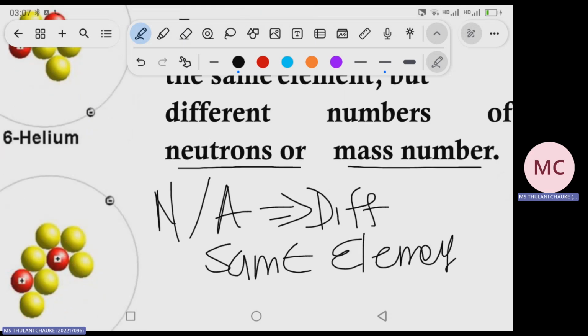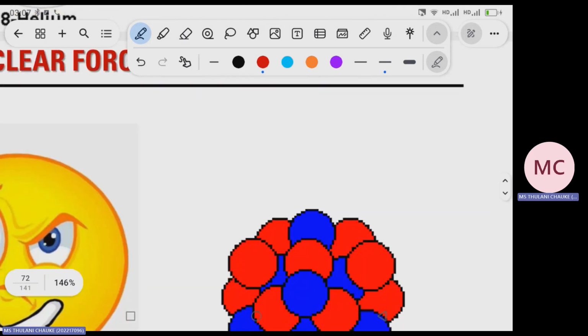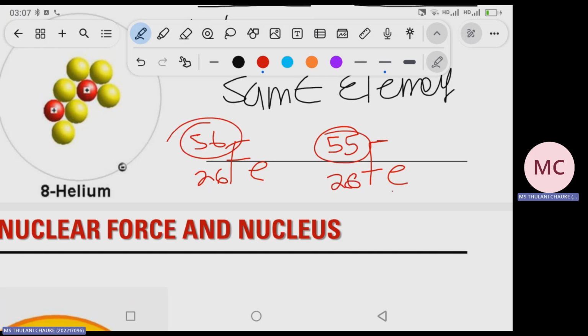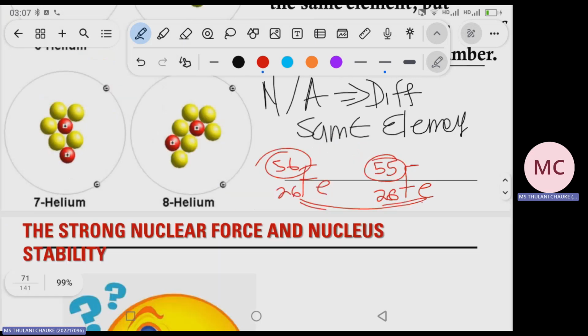For example, if I have Fe 56, but you find that now the mass number here is 55, and the atomic number is 26 and 26. You see, this is different, right? So these are isotopes.